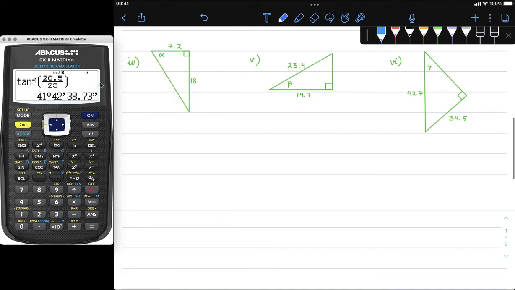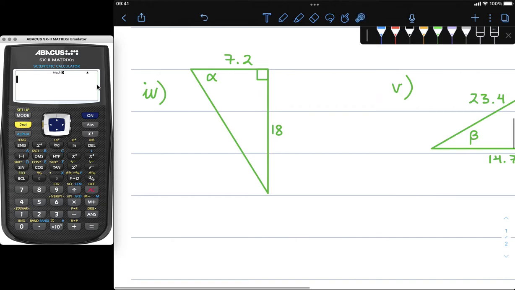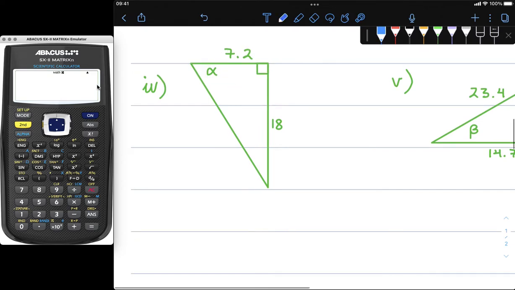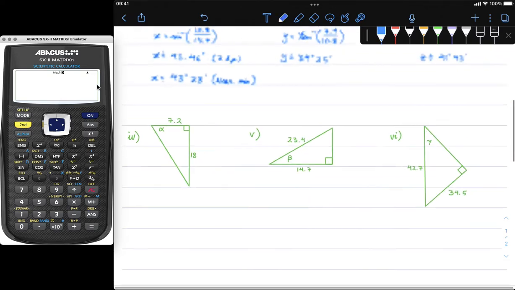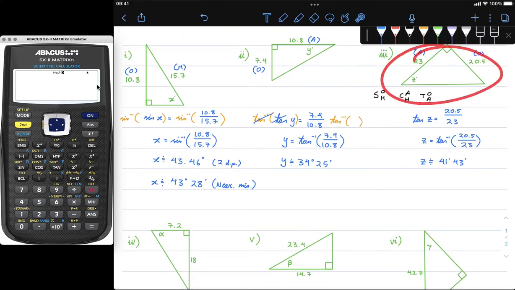Okay, so here we go. You can pause and try this next three yourself. Let's go through this very quickly now. I can see from here we have opposite and adjacent again. That is tan. Let me just quickly double check. Yes, this one is still definitely tan.